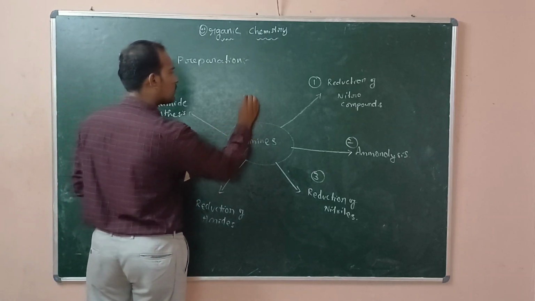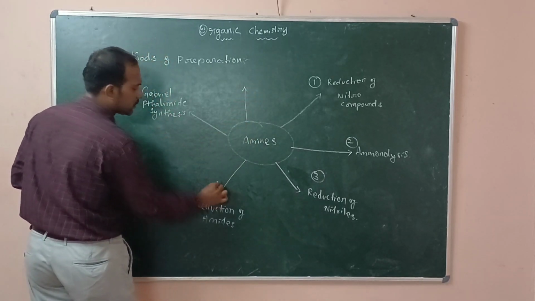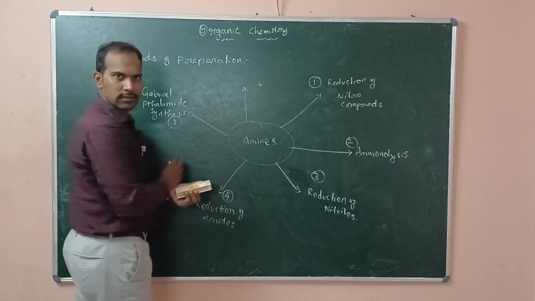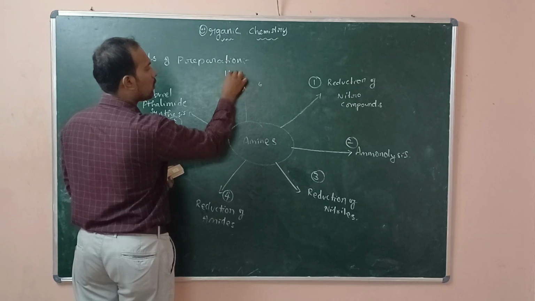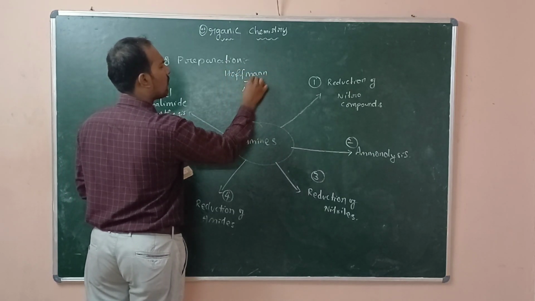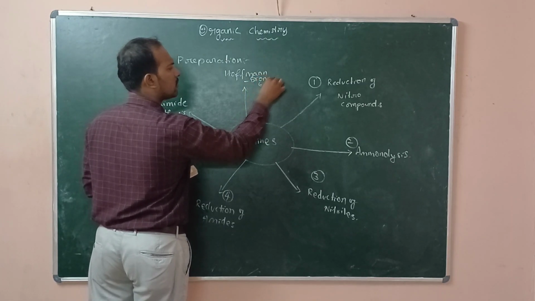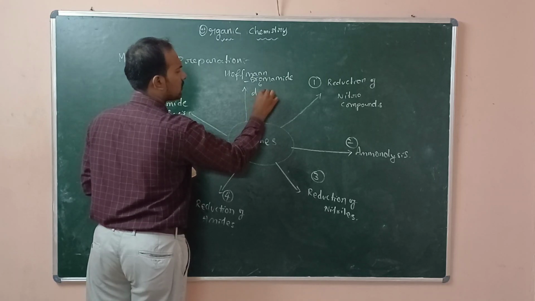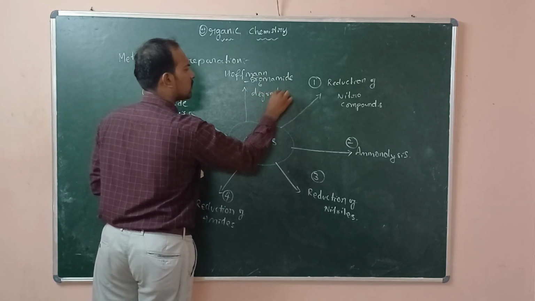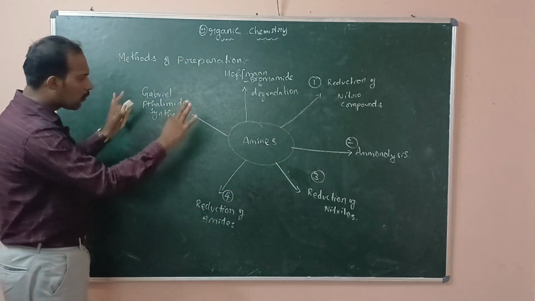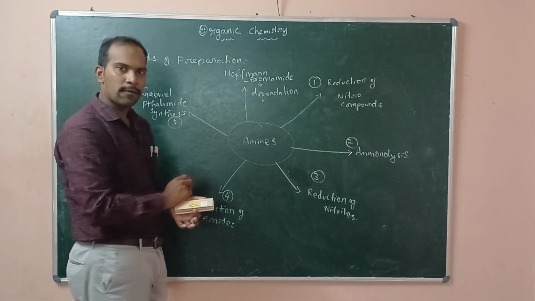And the last one, the sixth preparation, is Hoffmann bromamide degradation. So this is the overall outline of the methods of preparation.